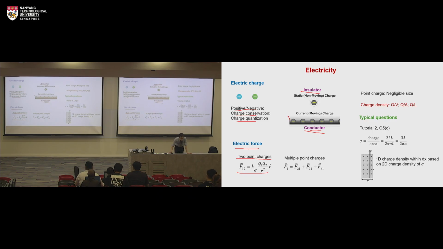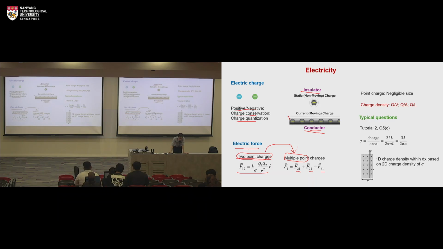From this simple scenario, we can extend to more complicated ones. Let's say you have more than two, then all you have to do is to apply Coulomb's law for each pair of charges: 2 and 1, 3 and 1, 4 and 1. So this is the idea of moving from 2 to 3, 4, 5, a finite number of charges.